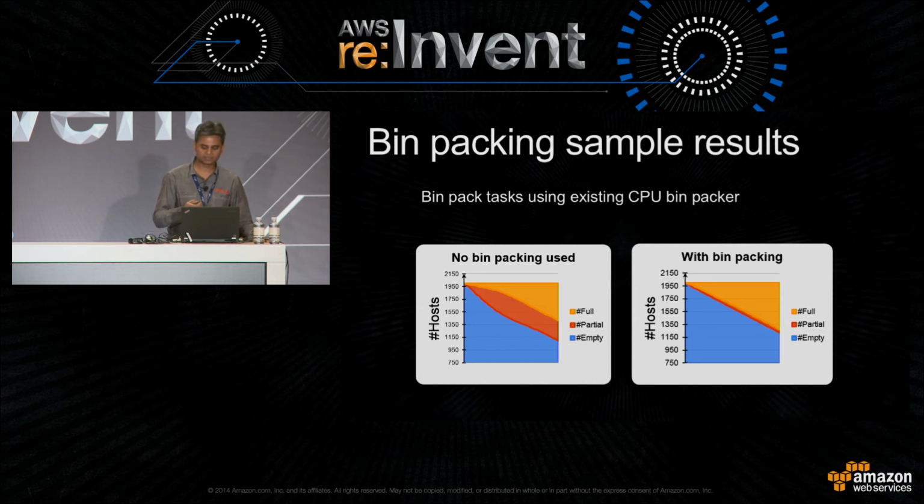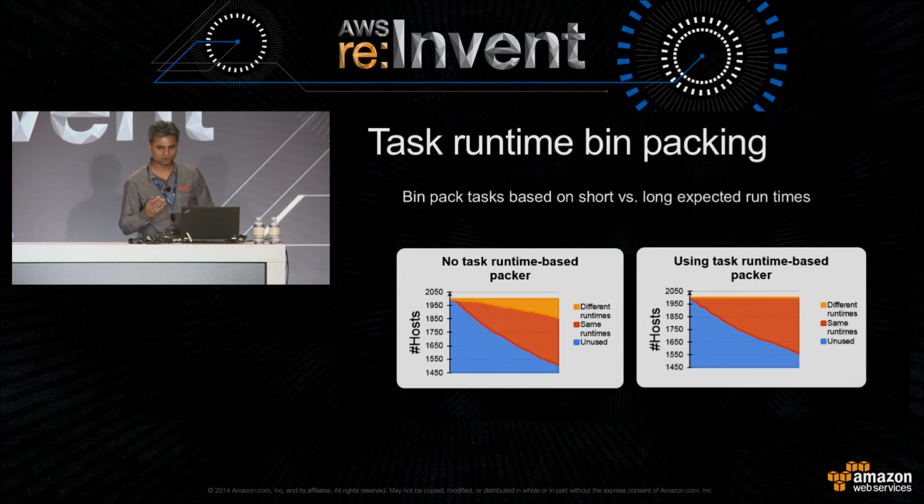And similarly, there was another experiment we did with the task runtimes. We have task runtimes in two categories, short and long running, in this experiment. And then when we used bin packing, we saw that almost all instances had similar runtime tasks versus not. So what this means is that when the short running tasks are done, those instances will be freed up, and I can easily scale down.